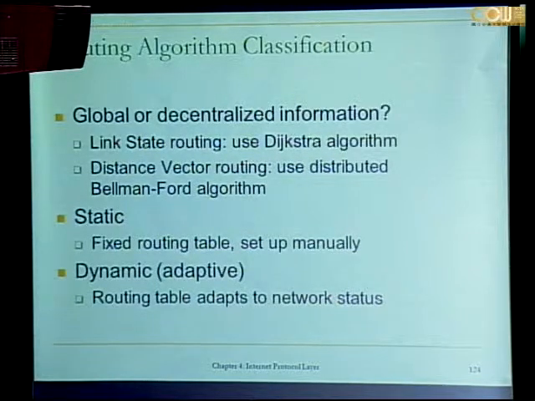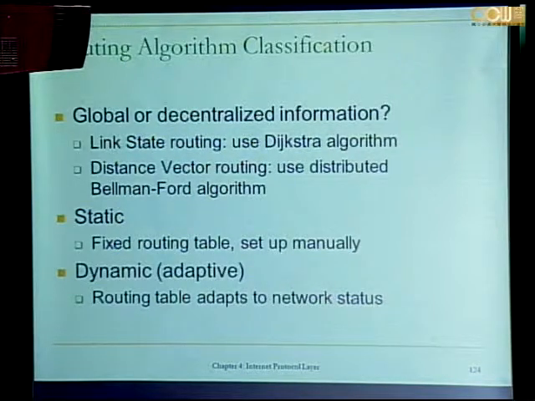So I will compute the shortest path from me, and you can compute your shortest path from you. So everyone does the same. Then you got your routing table, I got my routing table, and they are consistent because the topology we use is the same. That's link state routing.